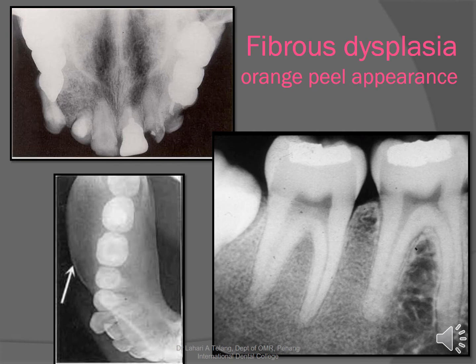This appearance of trabeculae, which changes and appears dotted and doesn't look very wide like the usual trabecular pattern, is called orange peel appearance.